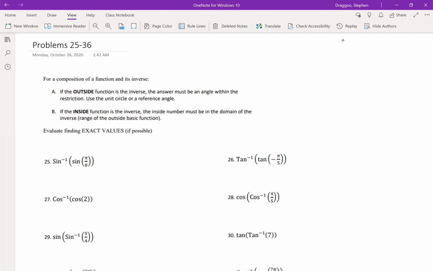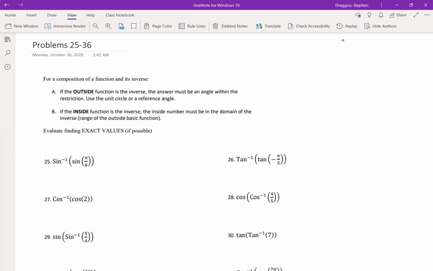Compare that to if the inverse function is on the inside, like in example 29, where I'm taking the sine of the sine inverse, then I'm getting some sort of a unit circle value on the outside. And so in an ideal world, these two functions should just undo each other. So sine and sine inverse are meant to just undo one another.